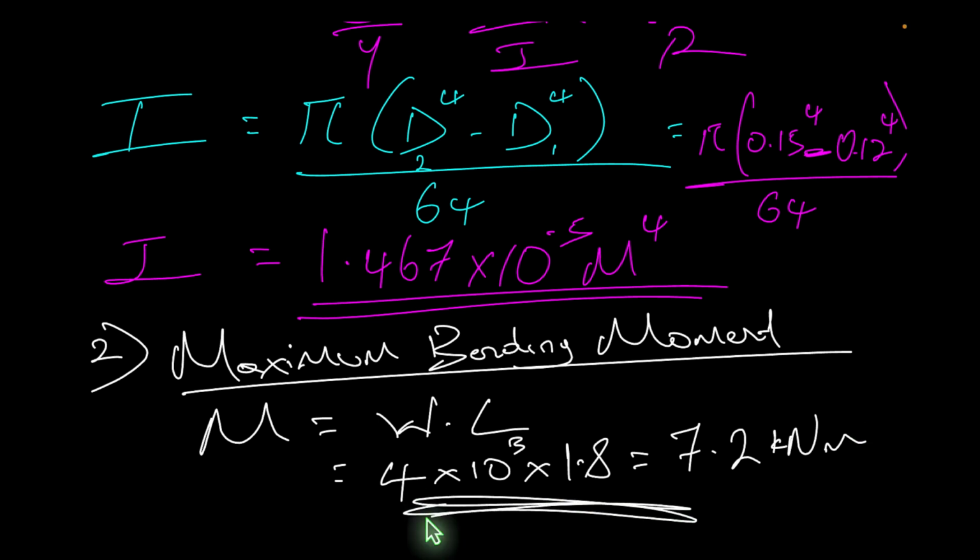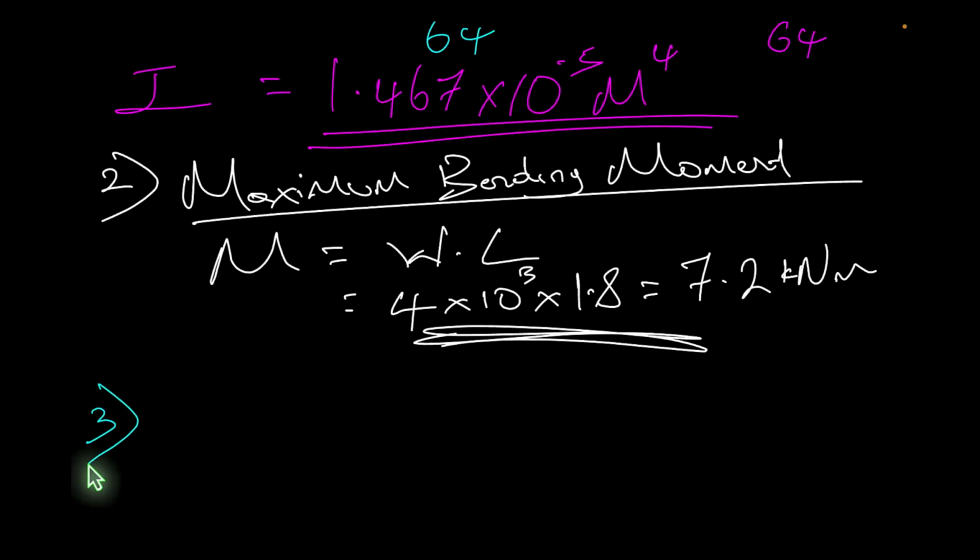So this here represents our maximum bending moment at the fixed end. The M in the formula represents our maximum bending moment, and if there were other point loads, then we would just sum them all up to get the total.